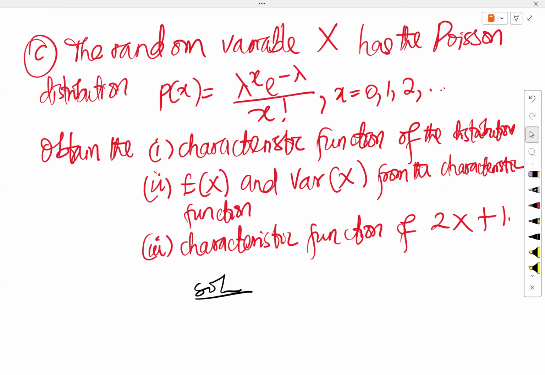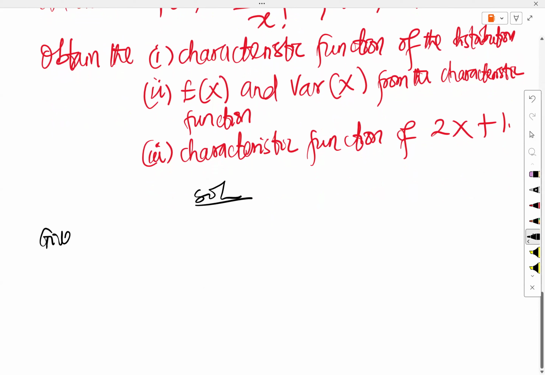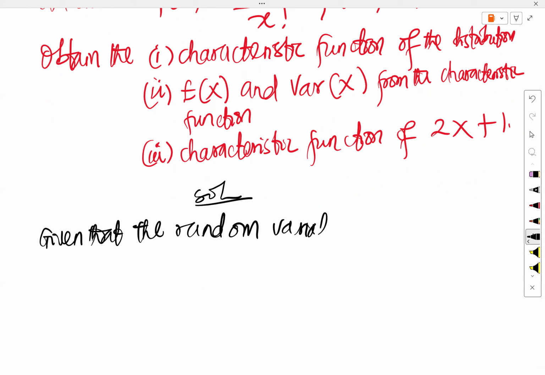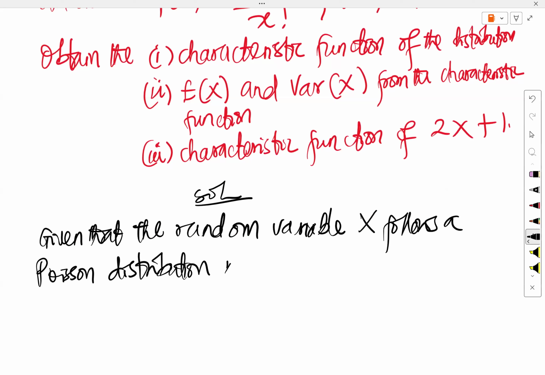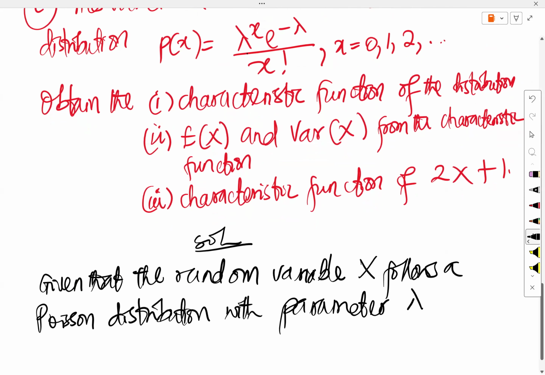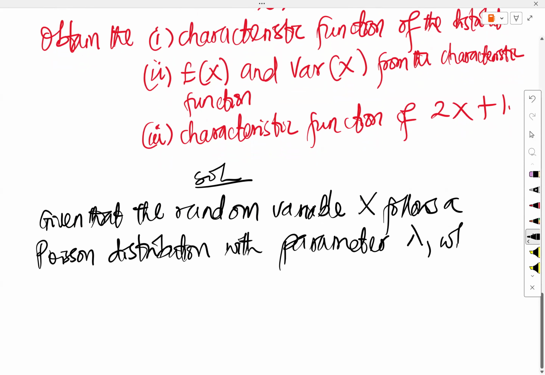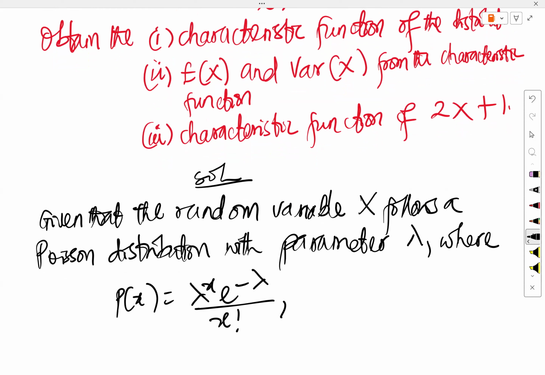So we can say this: given that the random variable x follows a Poisson distribution with parameter lambda, as we have here, where, of course, P of x is equal to lambda raised to x, e raised to minus lambda, over x factorial, for x equals 0, 1, 2, and so on and so forth.